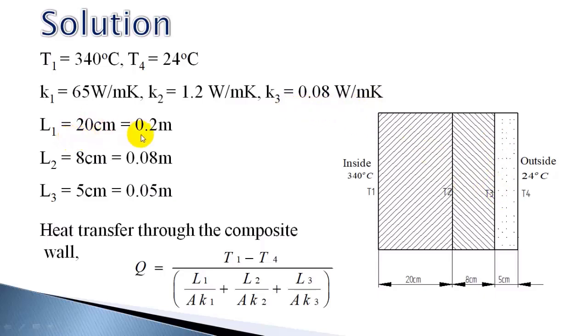The thickness of the first layer is 20 cm, or 0.2 meter, the second layer is 8 cm or 0.08 meter, and the third layer is 5 cm or 0.05 meter. The heat transfer through the composite wall is T1 minus T4 divided by L1 by AK1 plus L2 by AK2 plus L3 by AK3.